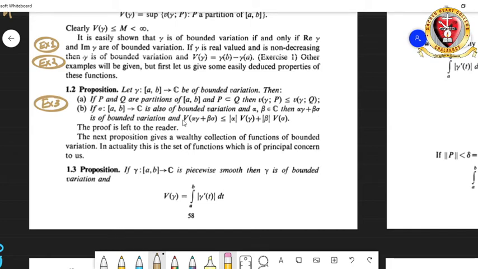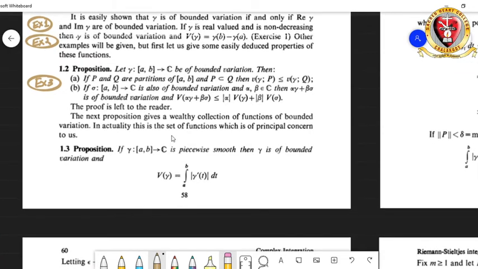That means if you have two functions of bounded variation, their linear combination is also of bounded variation, and the corresponding V of alpha gamma plus beta sigma will be less than or equal to the term sitting here. That is also a very direct proof.